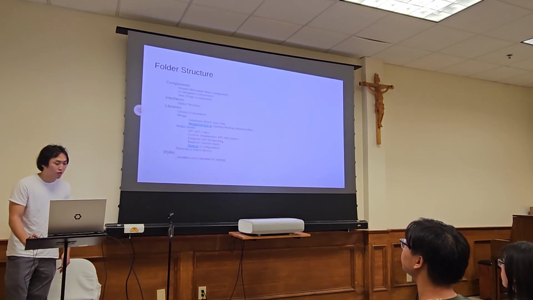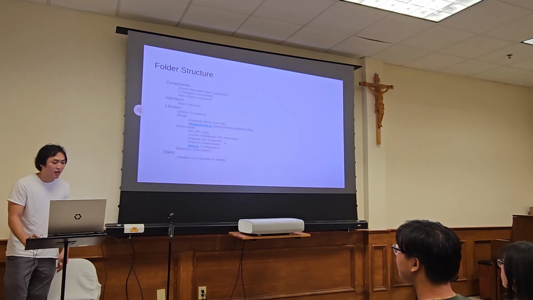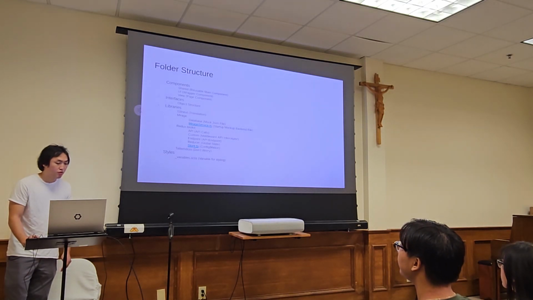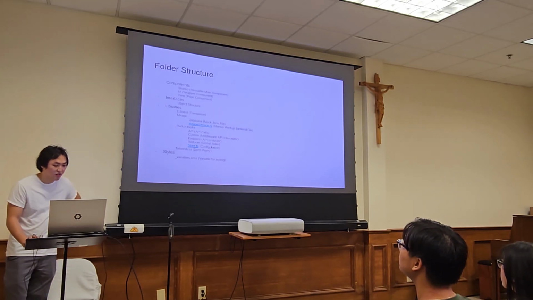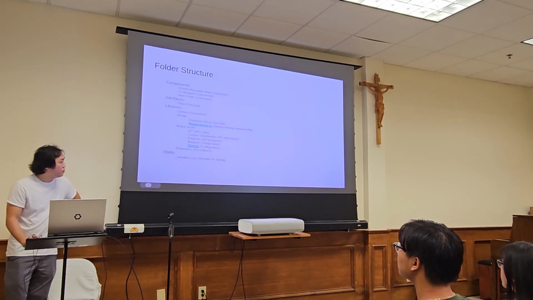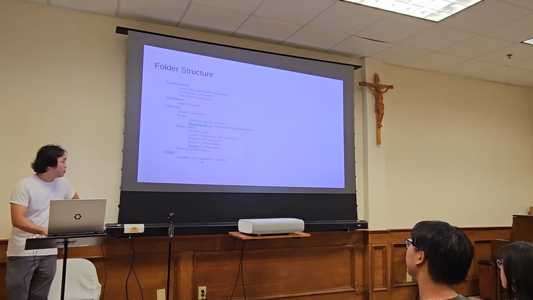For endpoints, we currently have one endpoint right now, which is the R2L API, but later on, if we want to integrate other APIs like Amazon and stuff like that, we will just put it over here. Reducers is where global state management is at, and store is where the main configuration is at. And then there's a styles folder with a store variable that's SCSS to store the variables for all these styles.